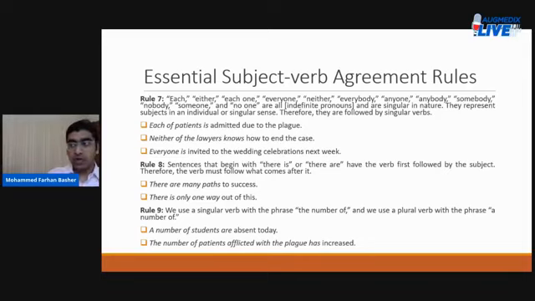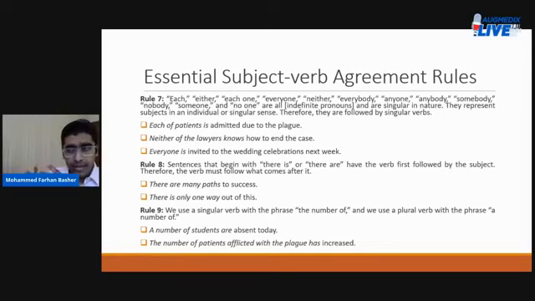So neither of the lawyers, meaning none of them, knows how to end the case. Individually, both do not know how to end the case. Therefore, since you said the word neither, you have to go with the verb knows and not know, because neither is a singular indefinite pronoun. Therefore, the verb has to be in its singular form. So we say neither of the lawyers knows how to end the case.